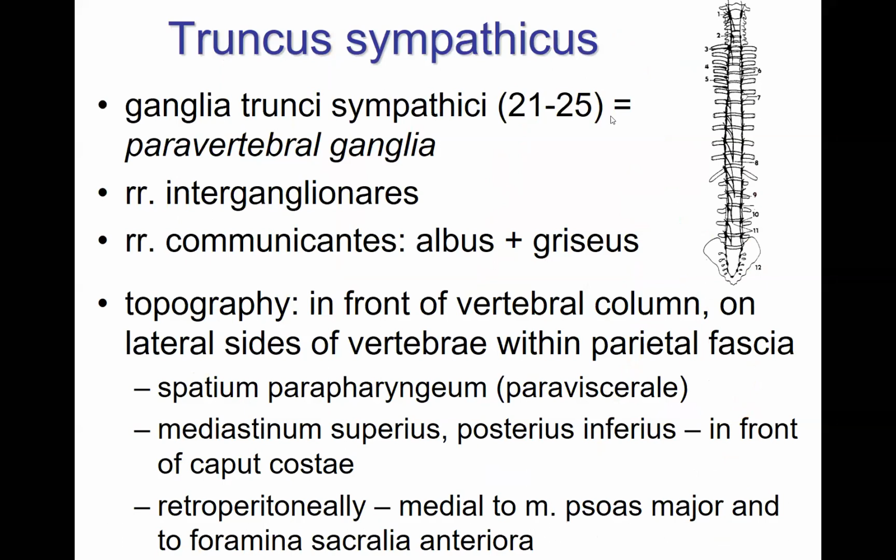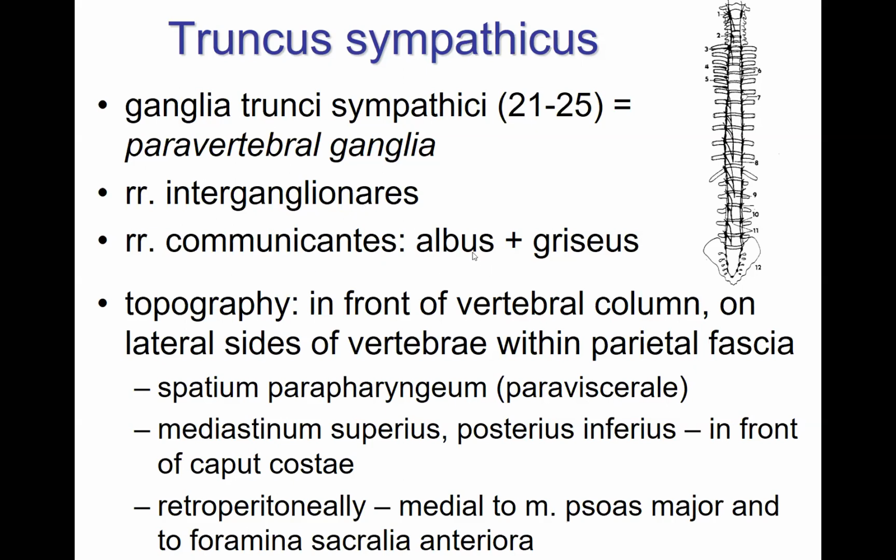So, what is the sympathetic trunk? It's a chain of ganglia, which are called paravertebral. The number of the ganglia is a bit lower than the number of vertebrae because some of them fused. The part of the trunk in between the ganglia is called interganglionar branches. Yeah, so we have a ganglion, interganglionar branch, ganglion, interganglionar branch.